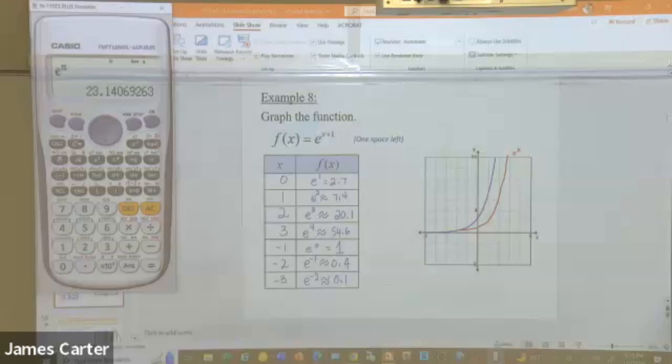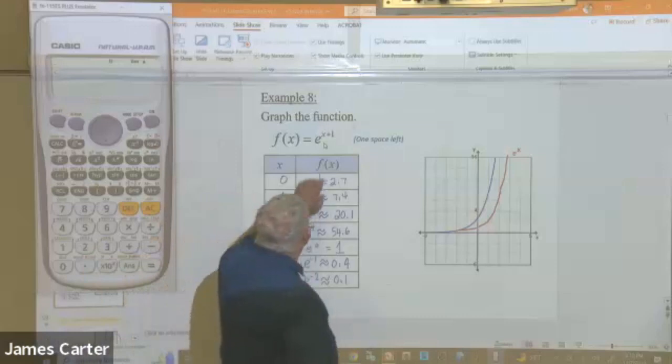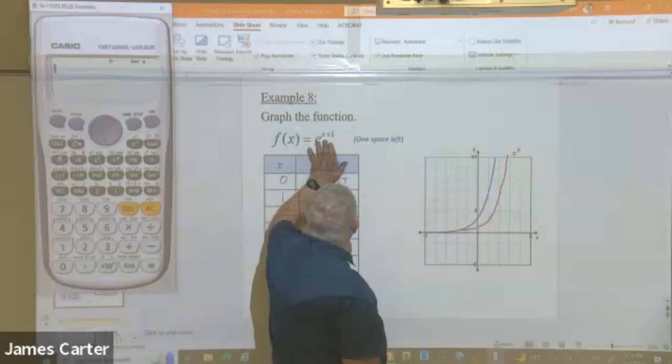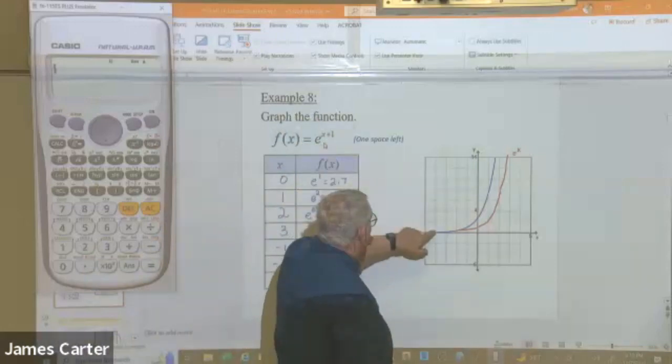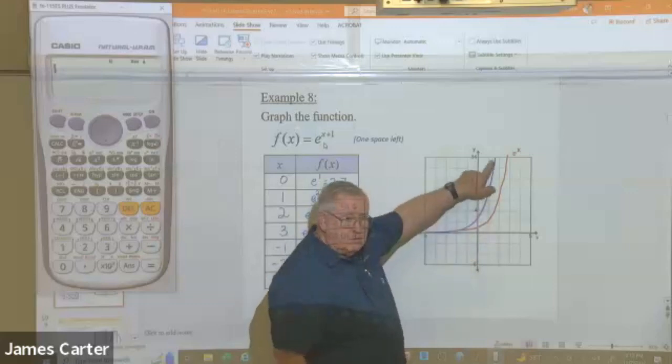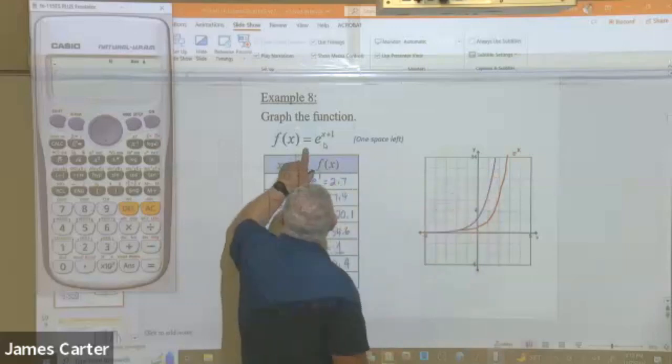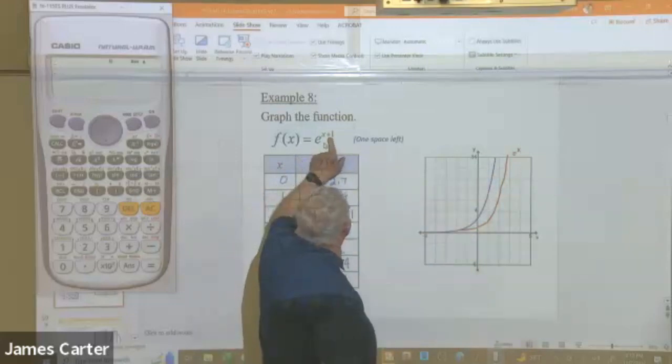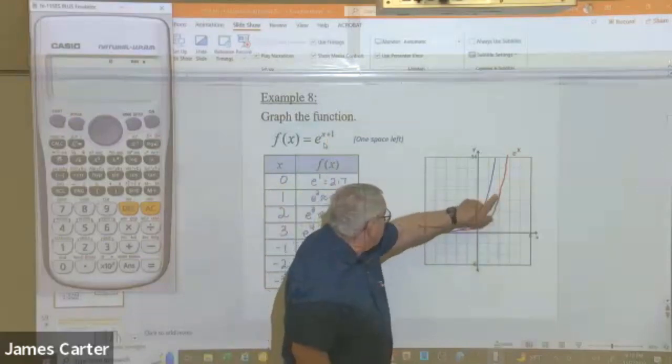Graph the function. Okay. Well, honestly, the way I would do this one, if they just said graph this function, I would do the e to the x, and then I would shift it. This is the e to the x.